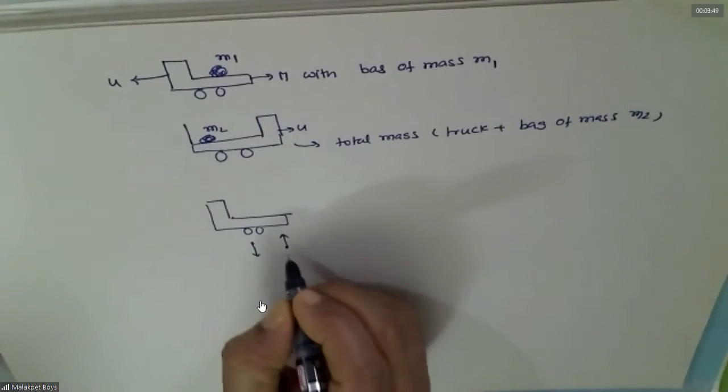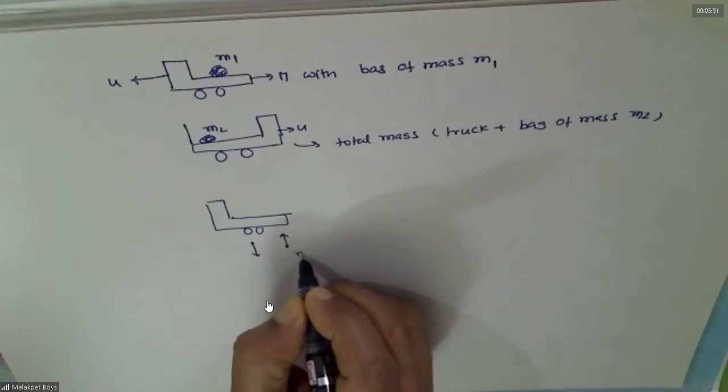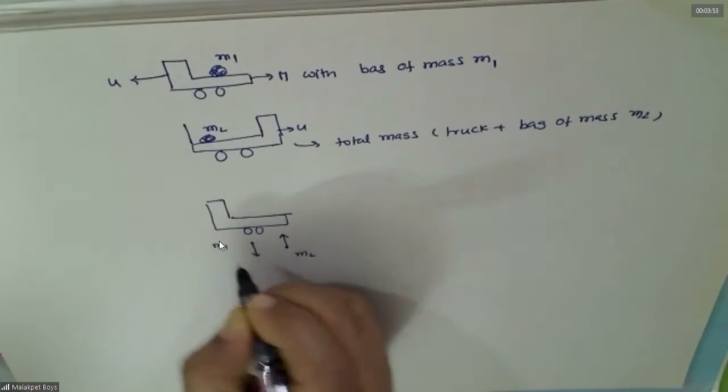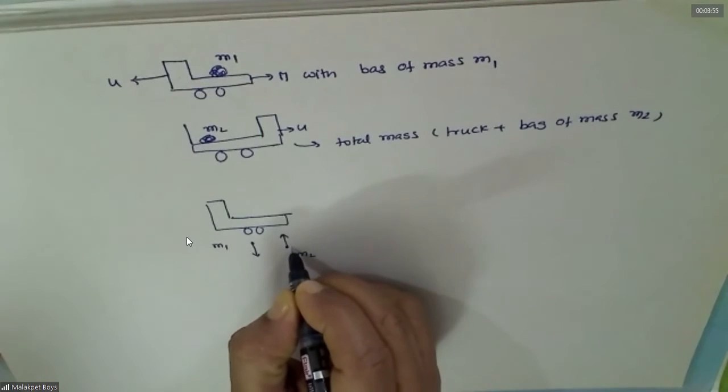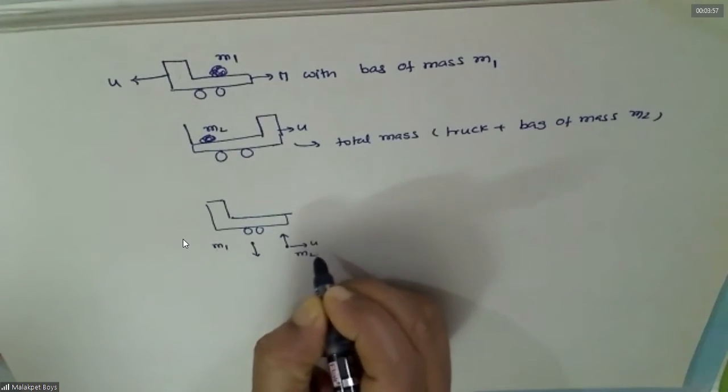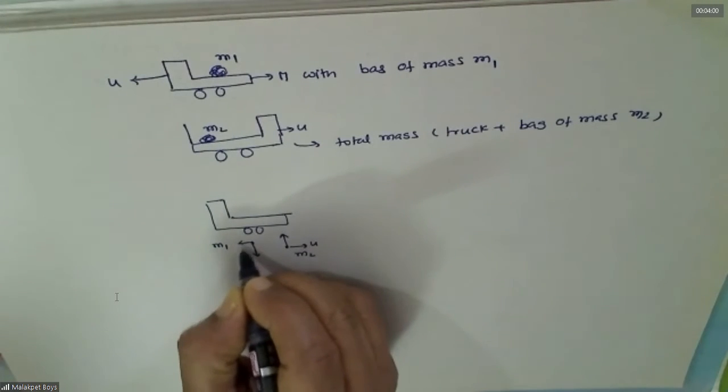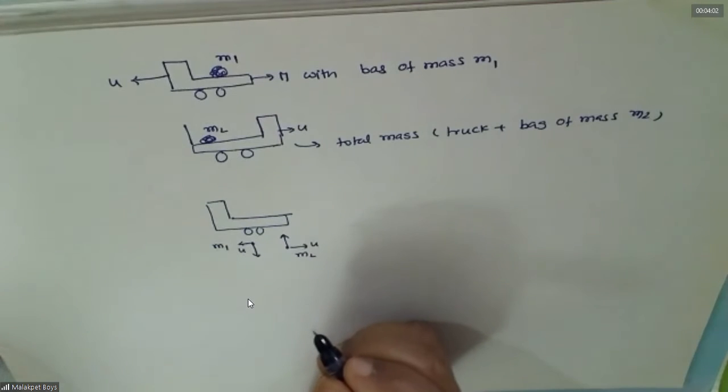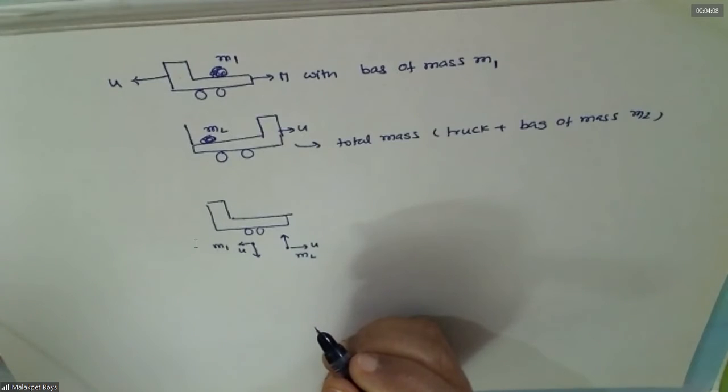At the instant of throwing, this is M2, this is M1. At the instant when they're throwing, both will have the velocity of the van only, no? Remember this? Whenever an object leaves another parent object, the object which is leaving the parent has the same velocity as that of the parent.